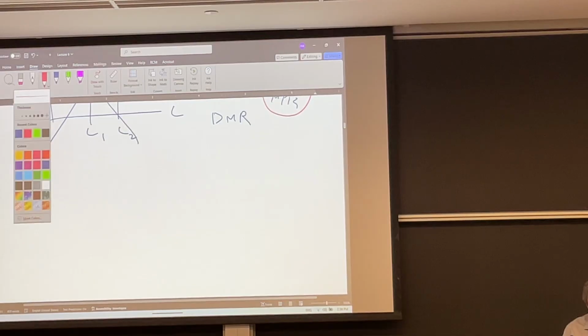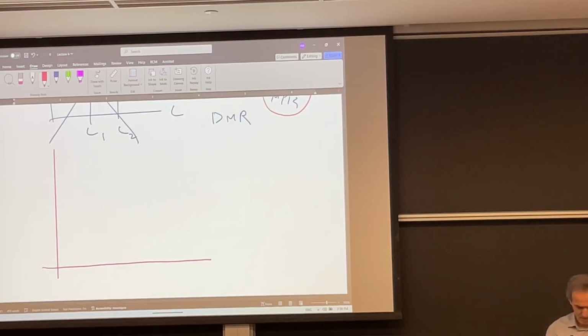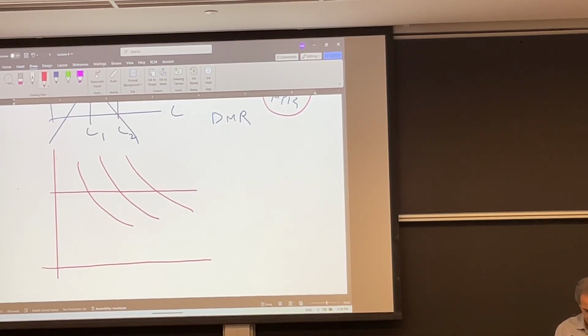Okay, let me give you a numerical one, see if it makes sense. That's one isoquant, that's two, that's three. I kept the capital constant, say at 5.